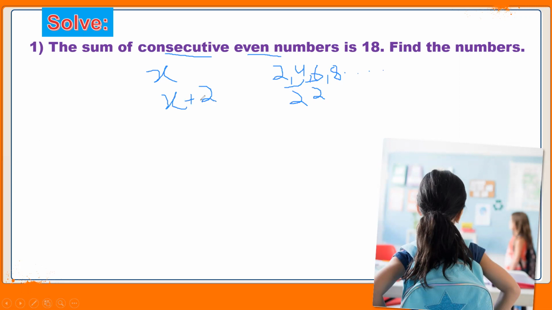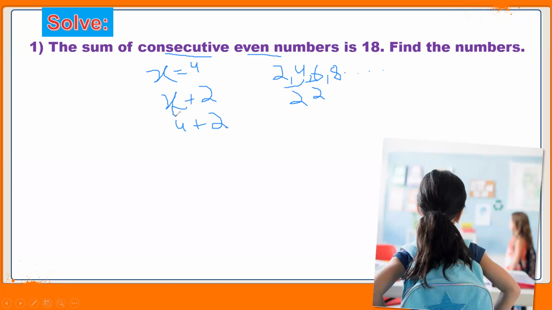Okay, why x plus 2? Because if in the end we find the value of x, for example, if the value of x is equal to 4, then what will be the second even number? 4 plus 2. Why? Because the second even number is x plus 2.